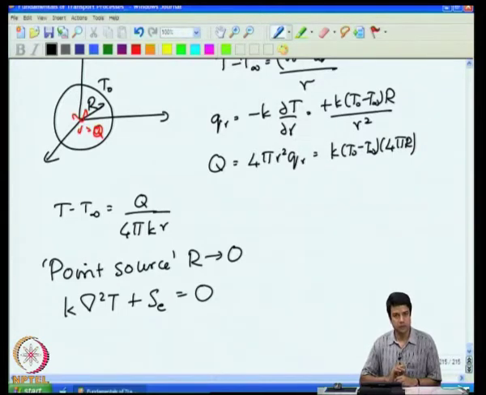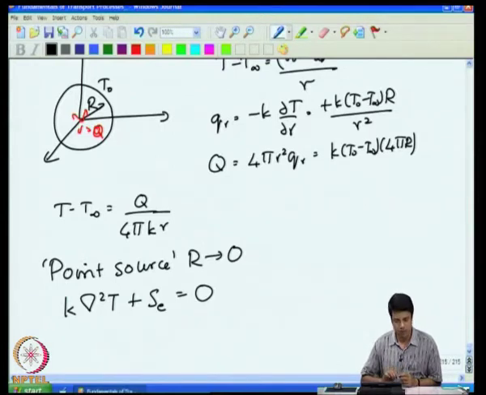However, note that in the conduction equation that we had defined earlier, the source was defined as the source per unit volume. So, this S E is actually a source per unit volume. Q in the solution is the total amount of heat coming out, not the amount of heat per unit volume.